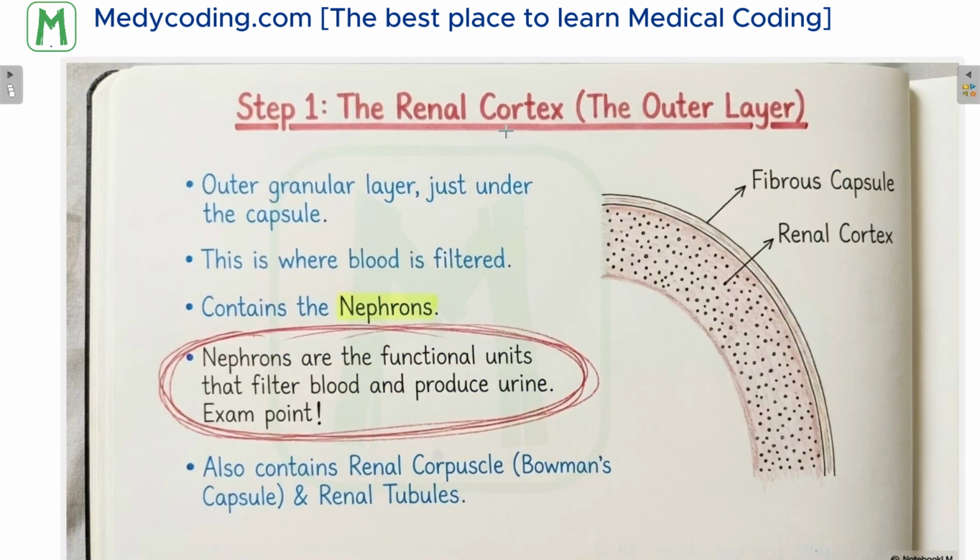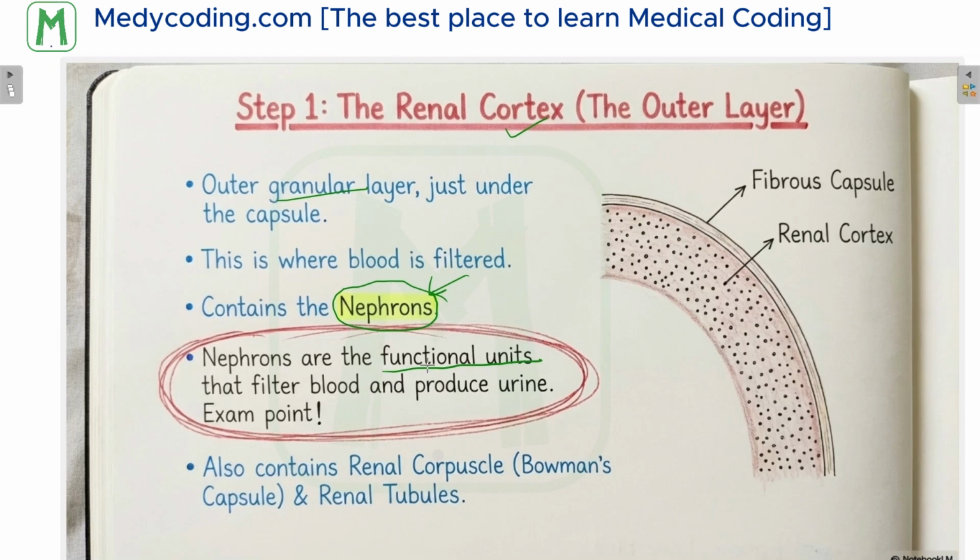The renal cortex is the granular layer just under the capsule. This is the region where the blood is filtered. It means the main filtering unit of the kidney is found in the renal cortex. The renal cortex contains nephrons, and the nephron is also known as the functional unit of the kidney.